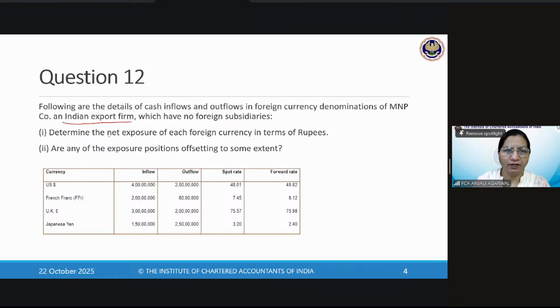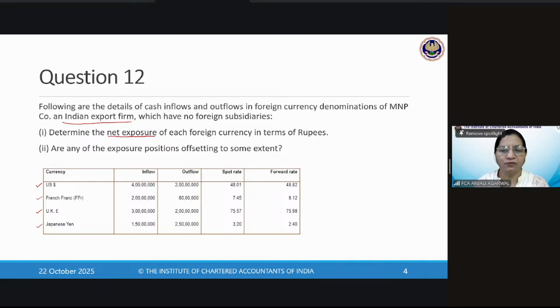So we have to find out, number one, what is the net exposure for each foreign currency in terms of rupees? So what are the different currencies this firm is dealing with? It's exporting to the US, to France, to the UK, to Japan. So these are the four currencies. And it's not just that there is an inflow, though it is an export firm.